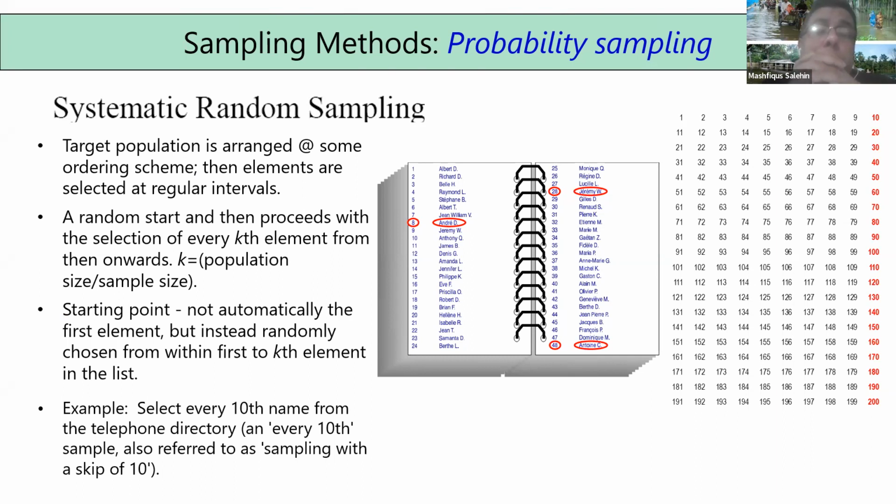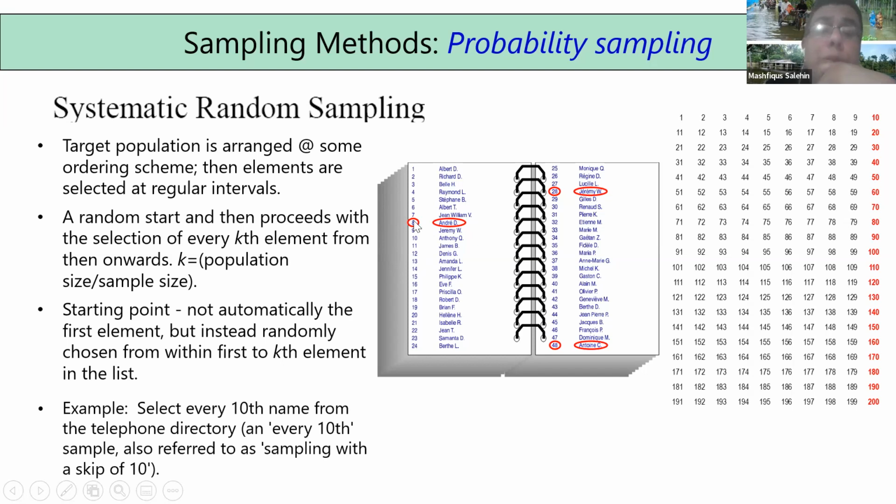So what you basically do is select your first element randomly, for example, the 8th. This is your first element, and then you decide that you'll sample every 10th element from this list.